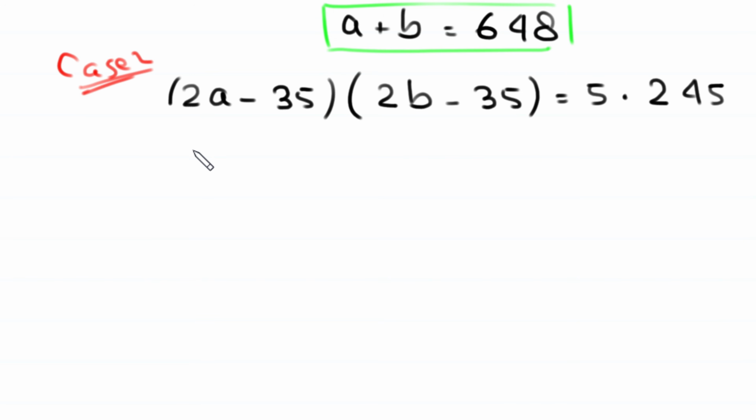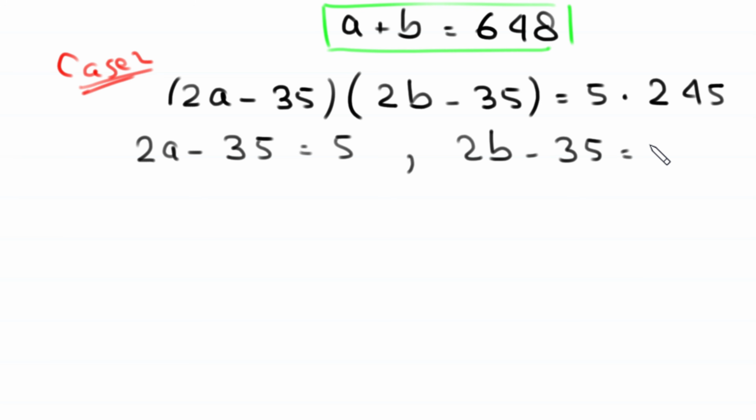So 2a minus 35 will be equal to 5, and 2b minus 35 will be equal to 245.